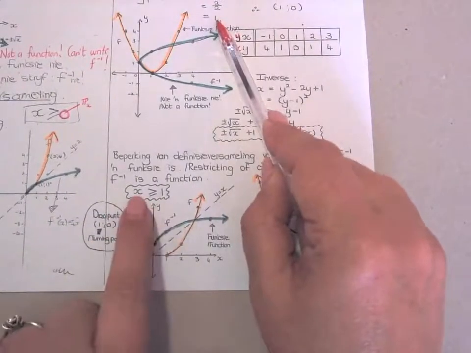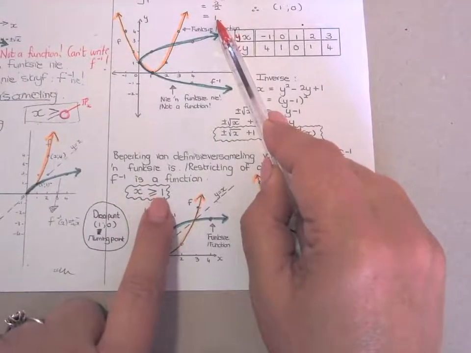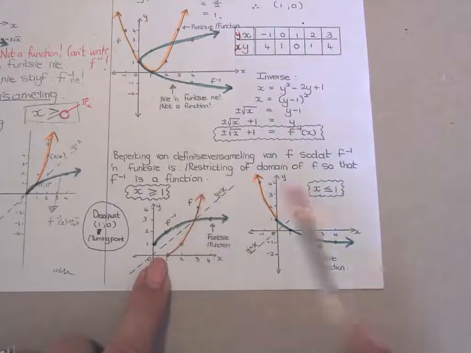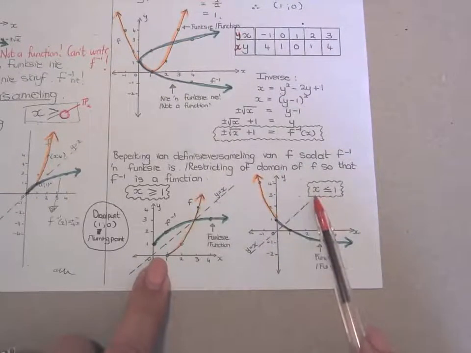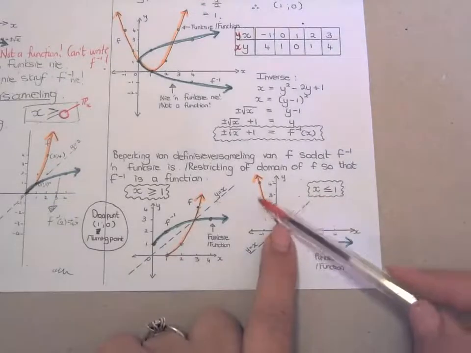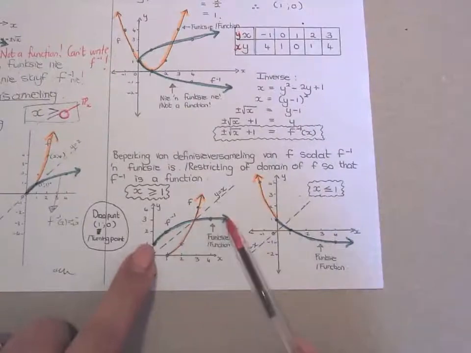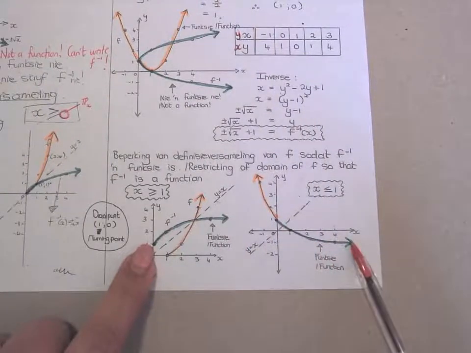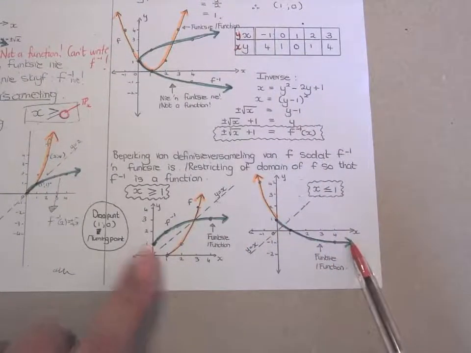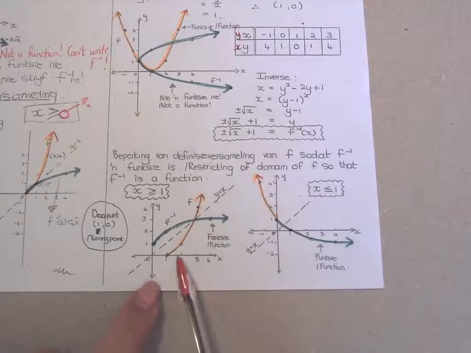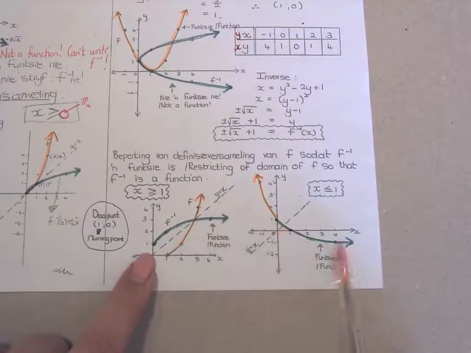So we say x will be larger or equal to 1, so it will be this part of the parabola. Or x will be smaller or equal to 1, and then it will be the left-hand side of the parabola. And the corresponding inverse halves will look like this. And there, by restricting the domain, we can get the inverse as a function.